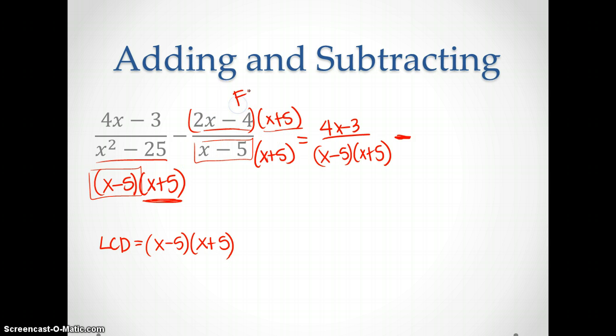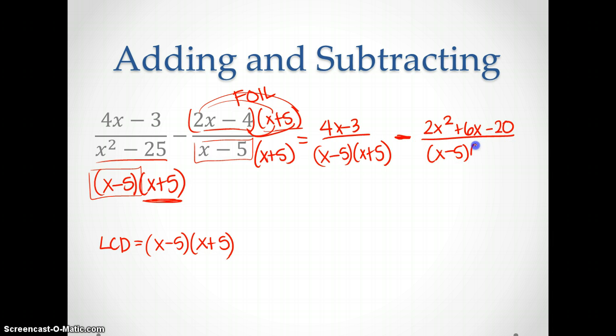So we need to be thinking FOIL. The only time you're going to have to FOIL or multiply things out is when we're talking about the numerator, because we're going to be combining like terms. So if I FOIL this, it becomes 2x squared plus 10x minus 4x would be plus 6x, and then minus 20, minus 4 times 5, minus 20.